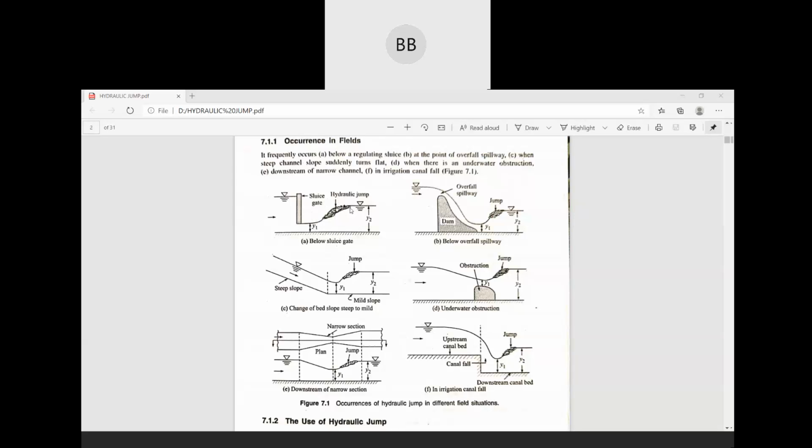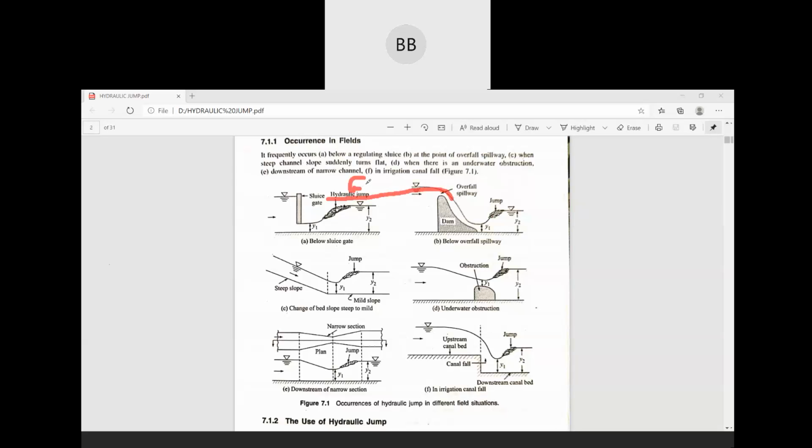Gradually varied flow is here in the second figure. Whenever you construct a dam upstream, you can see the flow is gradually increasing, and afterwards it overflows.